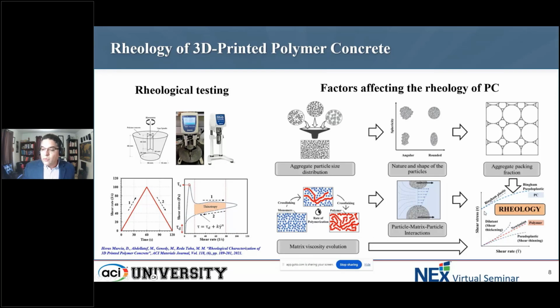We also look at how the shear stress of the material changes with time. Usually polymer concrete has been following a Bingham model or a Bingham pseudo-plastic model. That's for most of the work we have been doing. But determining this is very critical for us to know how flowable the material is and if we need to make any changes in the mix design to allow the material to be flowable.